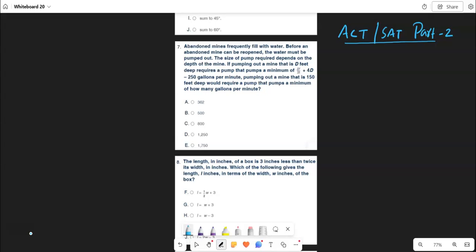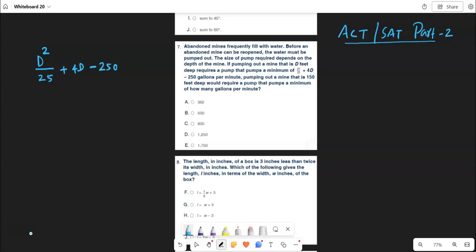If pumping out a mine that is d feet deep requires a pump that pumps a minimum of d to the power 2, that means d square by 25 plus 4d minus 250.